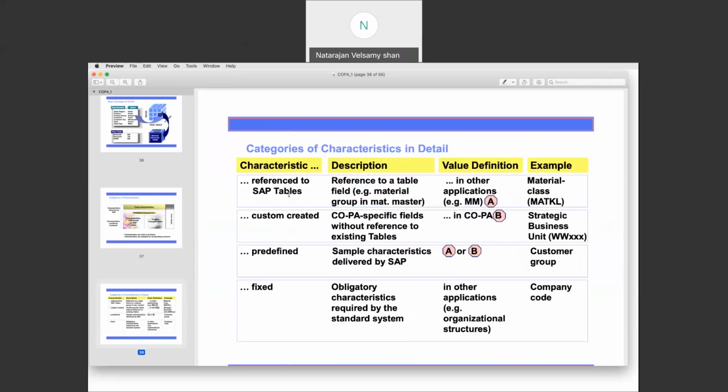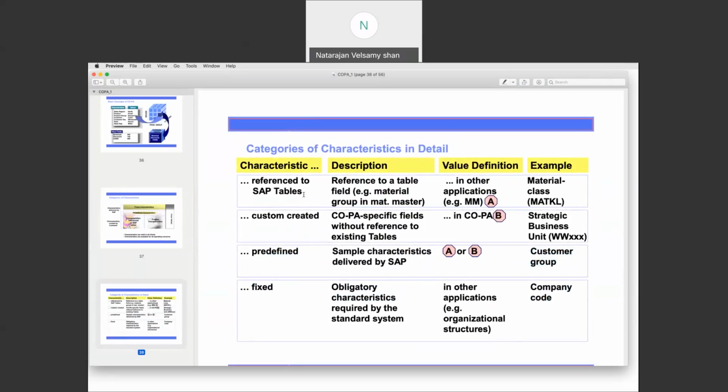Examples of characteristics: fixed or obligatory characteristics are required by the standard system, for example company code, or in other applications, the organization structure. Predefined characteristics are sample characteristics delivered by SAP, like customer group.